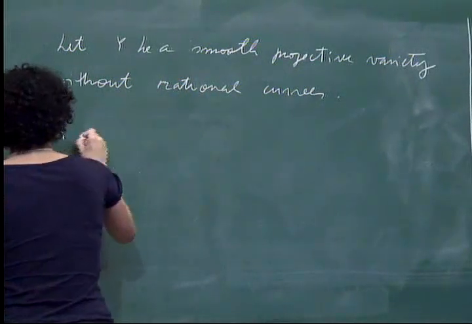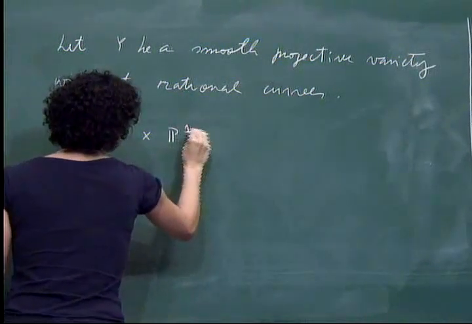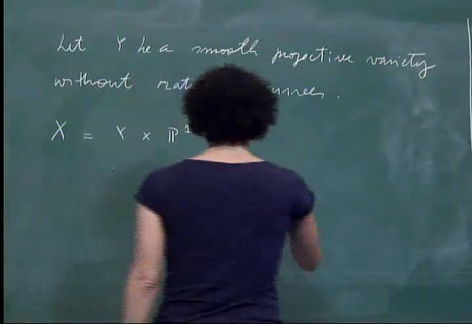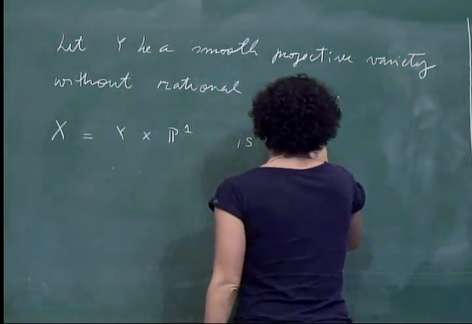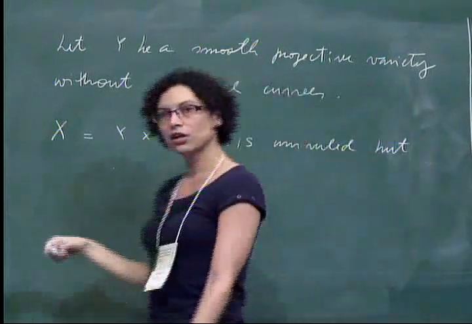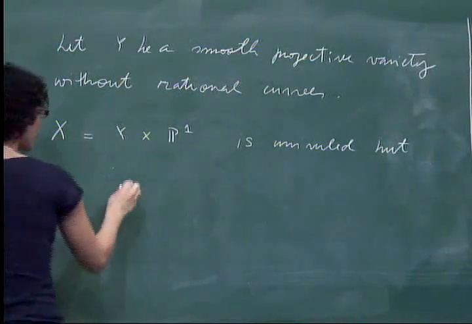Now, define X to be the product of Y with P1. Now, of course, this product is uniruled, but all the rational curves on X are fibers of the first projection.